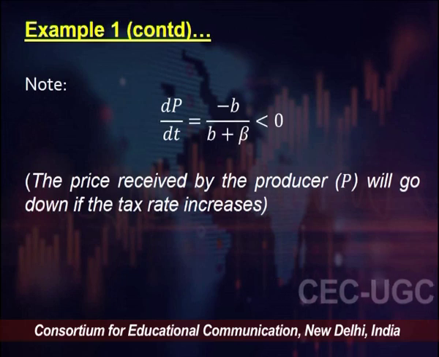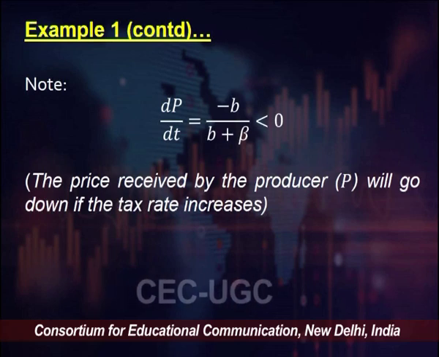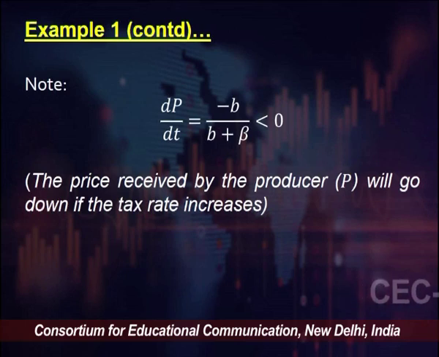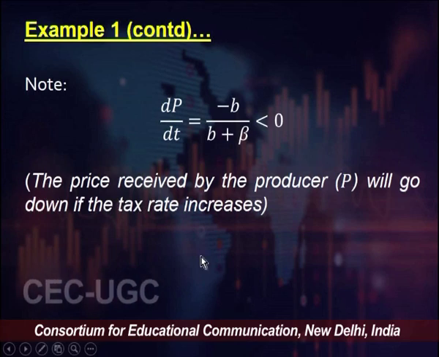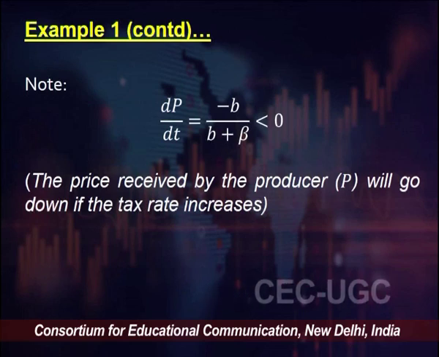Since dP by dt is negative, the price received by the producer will go down if the tax rate increases. Also, if you notice here, the price received by the producer will not only go down, but it will go down by less than the increase in tax, because this is in absolute terms going to be less than 1. So it goes down by less than the increase in the tax.